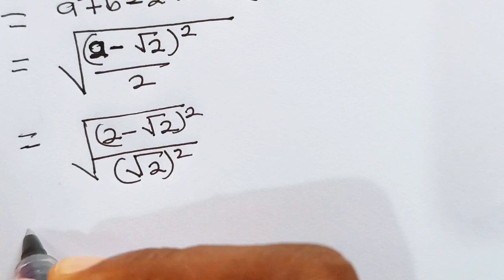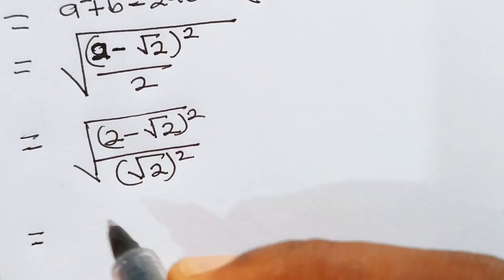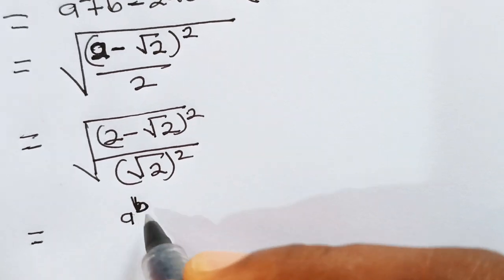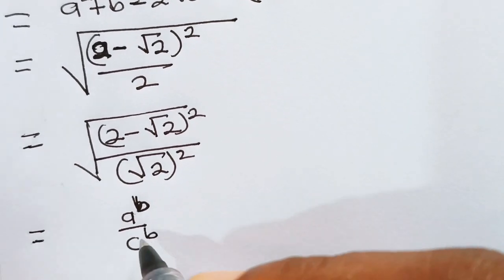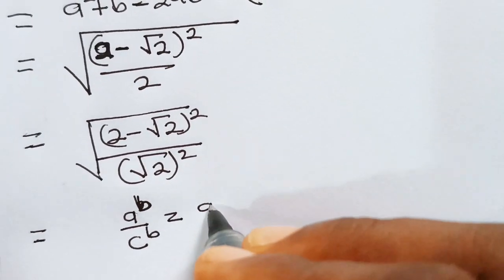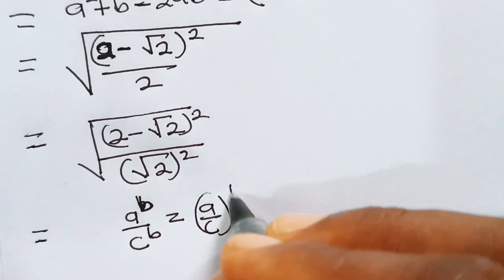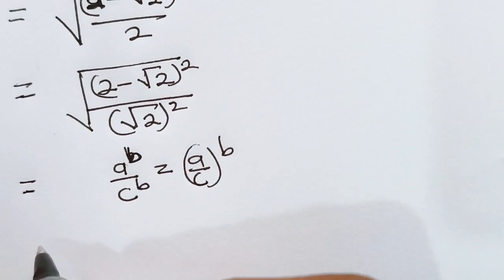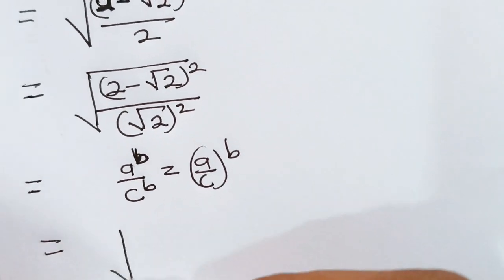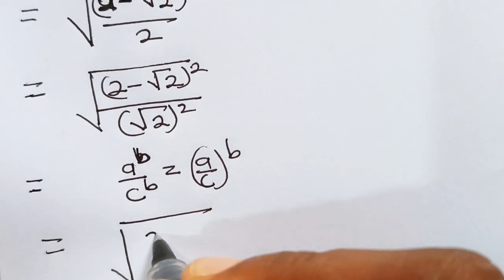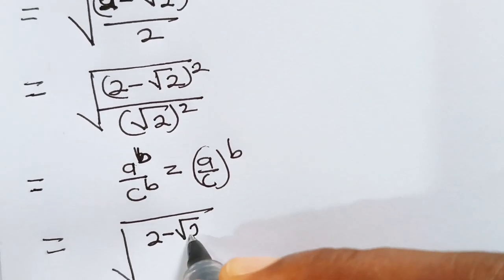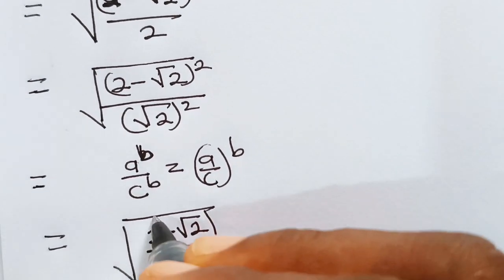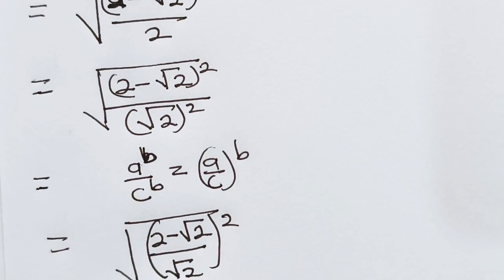Remember that when you have a^b divided by c^b, this is equal to (a divided by c) all raised to the power of b. So we can write this as the square root of (2 − root 2) divided by root 2, everything raised to the power of 2.